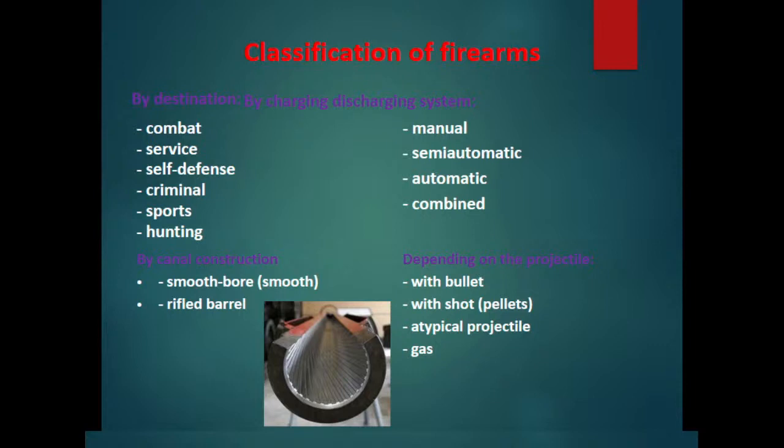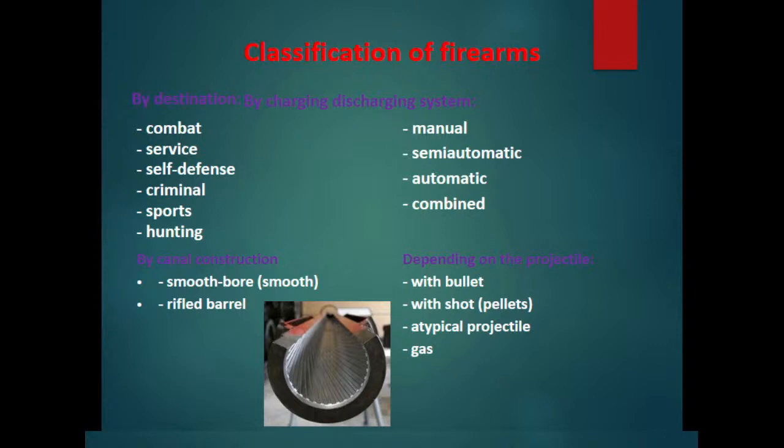Classification of firearms by the charging and discharging system. It could be manual charging, where every next round is charged manually by hand. A semi-automatic weapon is a weapon which uses the energy of one shot to charge another round, but it cannot be used to shoot multiple times.